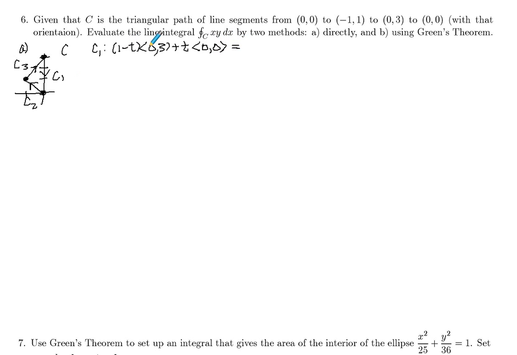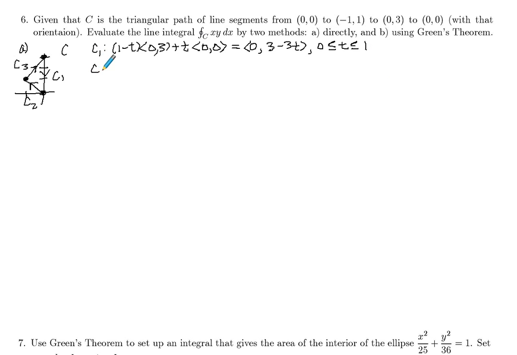So 1 minus t times 0 plus t times 0 is going to be 0 in the first coordinate. And then 1 minus t times 3, that'll be 3 minus 3t. T times 0, 0. So 3 minus 3t in the second coordinate. And then 0 is less than or equal to t is less than or equal to 1. So t between 0 and 1. That's always that way if we use the convex combination.